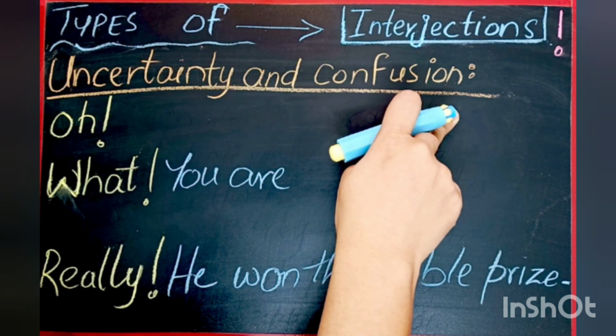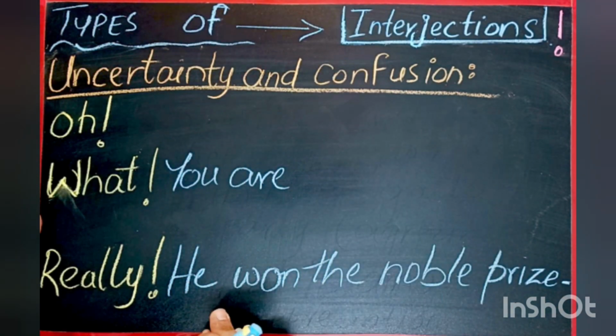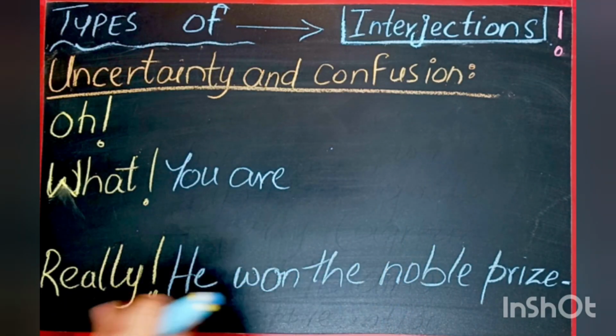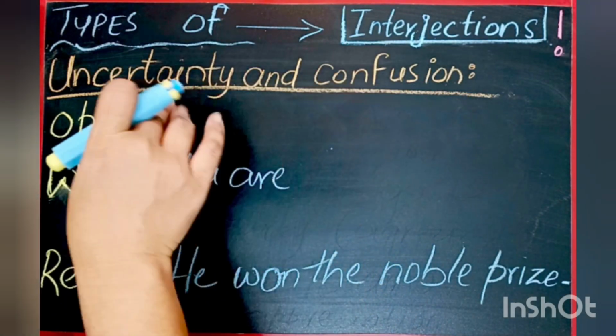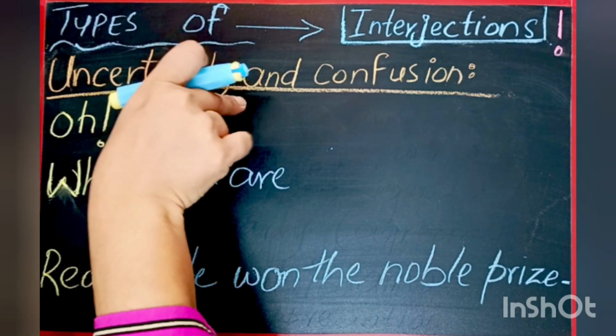Uncertainty is actually meant by not understanding the situation. So we use these three words. We also use some other words, but at this time we are doing these three for confusion and uncertainty. Okay.